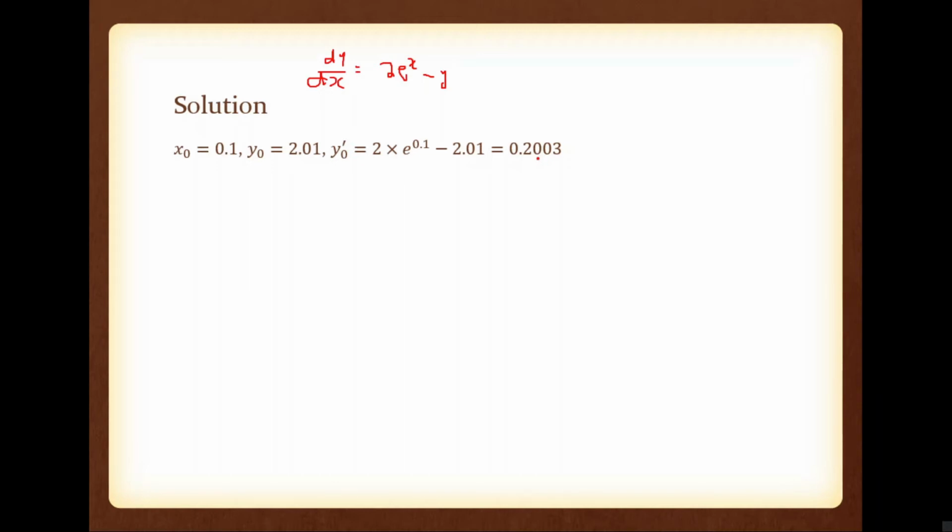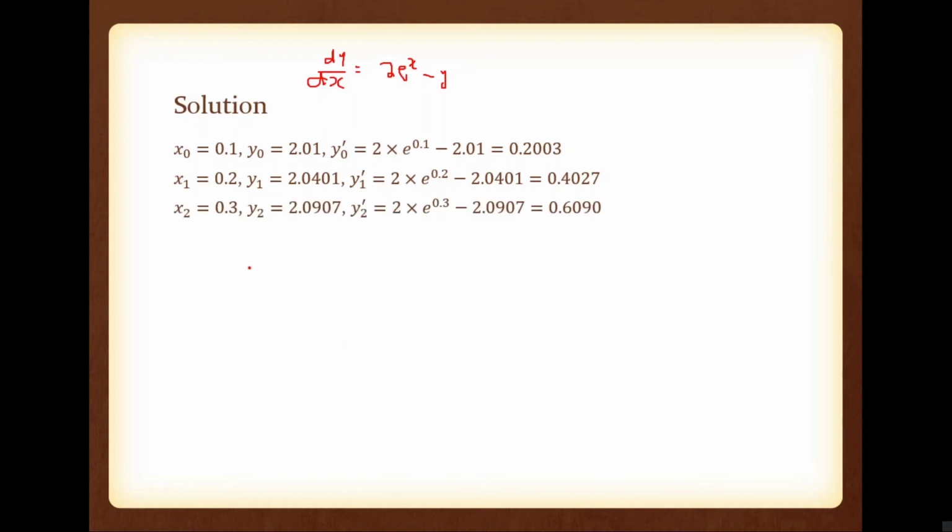Now the next one is x1 equal to 0.2, y1 is equal to 2.0401. So y1 dash is equal to 2 into e raised to 0.2 minus 2.0401, which is 0.4027. Then the next point is x2 equal to 0.3, y2 is equal to 2.0907.